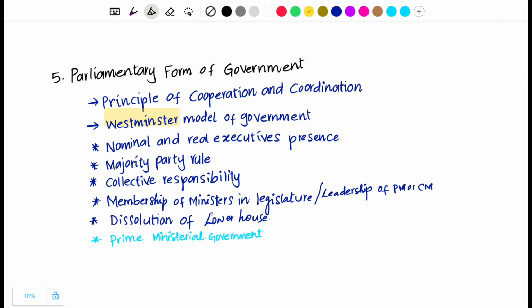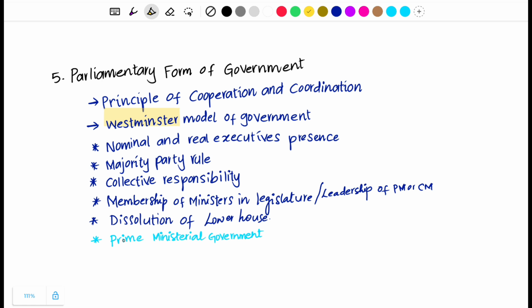They are collectively responsible to answer to the houses or the parliament. The membership of ministers in legislature is simply put like this: a member is a member of the house first, then is also a minister in the same house.